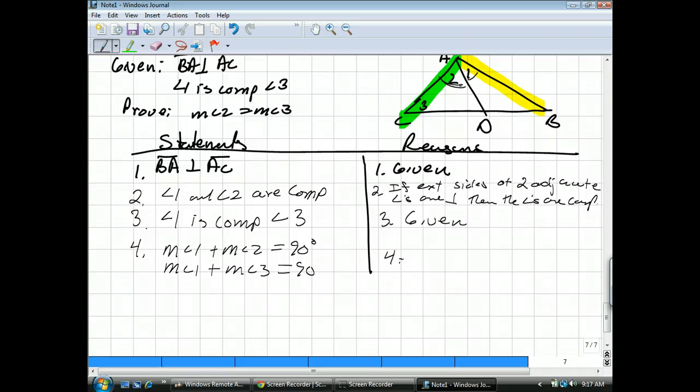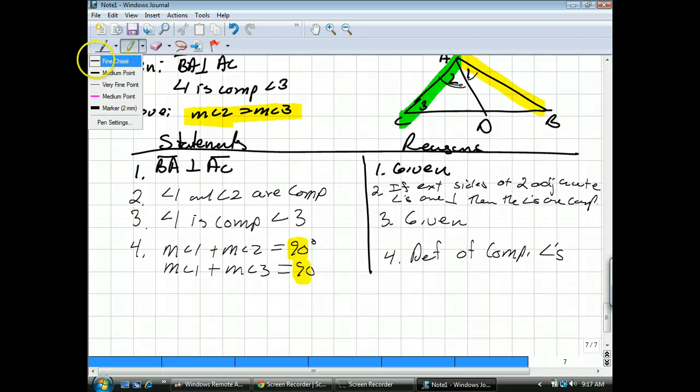Okay? And we know that by definition of complementary angles. Now, notice that what we want is for measure of angle 2 and measure of angle 3 to be across from each other. And notice that in line 4, both of these equal 90 degrees.